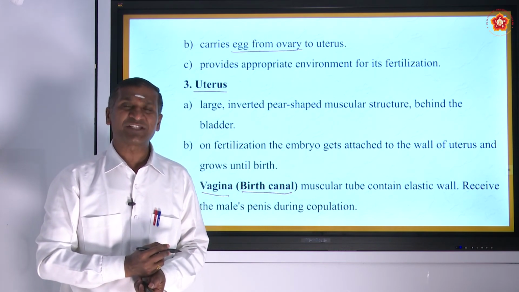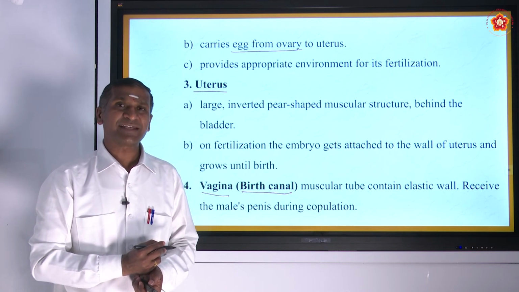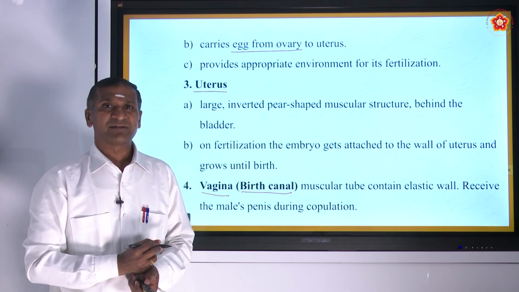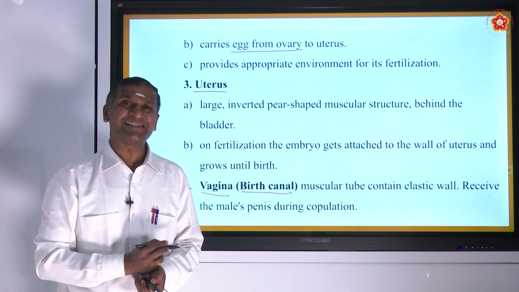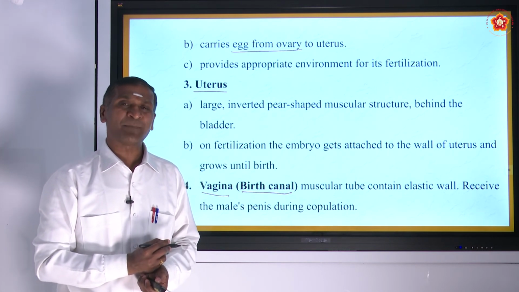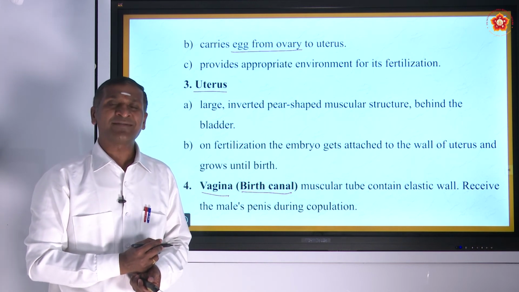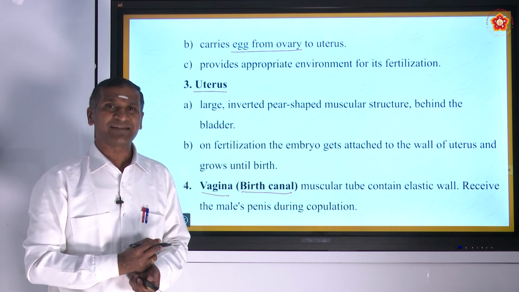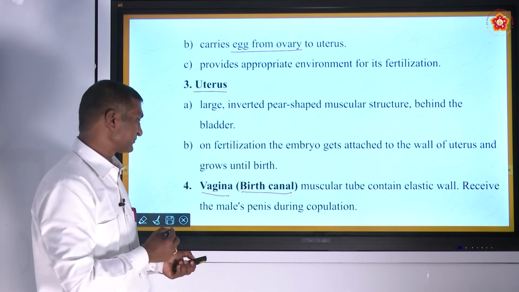So it is the vagina which is going to receive the sperms when the penis of the male is inserted into it, and there the penis ejaculates the sperms, and these sperms are received by the vagina.